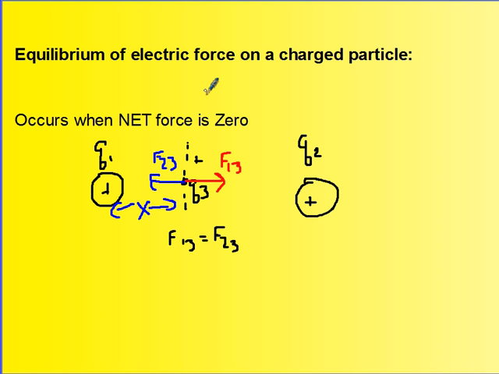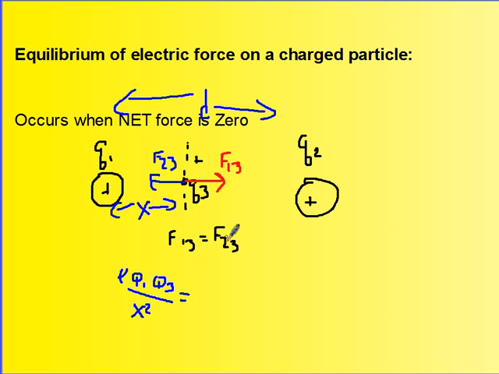Now say Q1 and Q2 are some distance d apart. I want to show you a cool little trick. What is the force of 1 on 3? Well, it's K Q1 Q3 divided by the distance between 1 and 3 squared. So that's going to be divided by x squared.